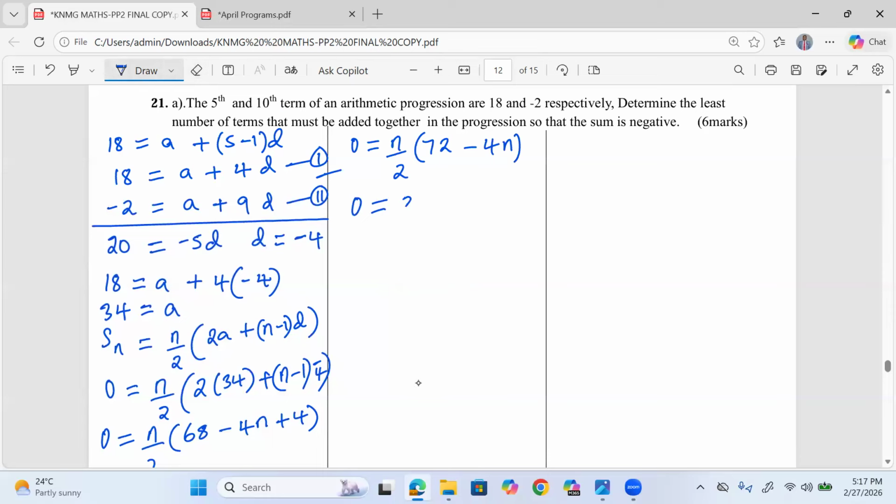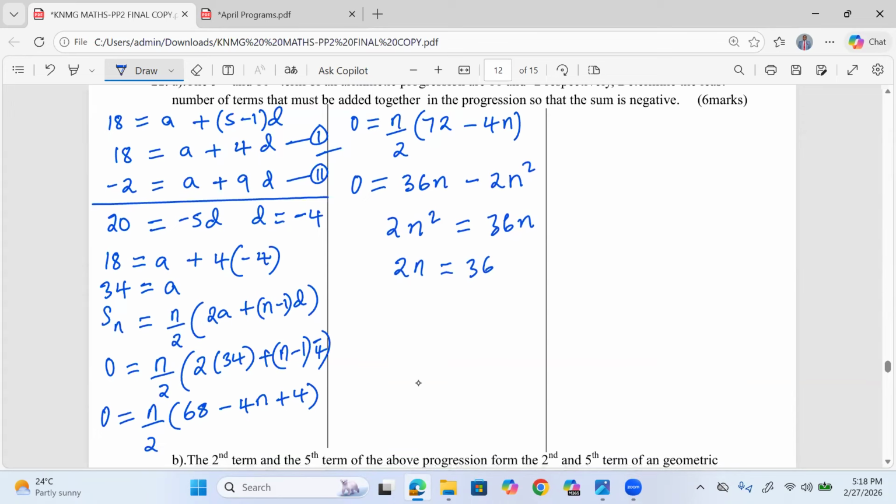This is 36n minus 2, the value of n squared, so that we have 2n squared and 36n. You divide by n, you discover that 2n equals 36.